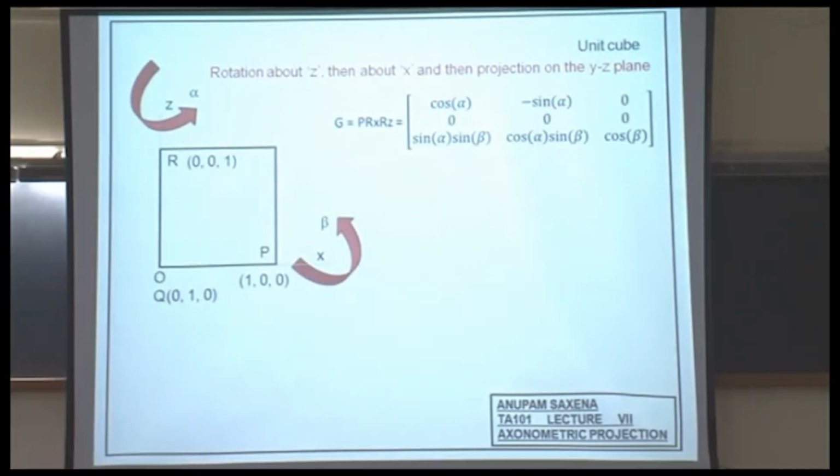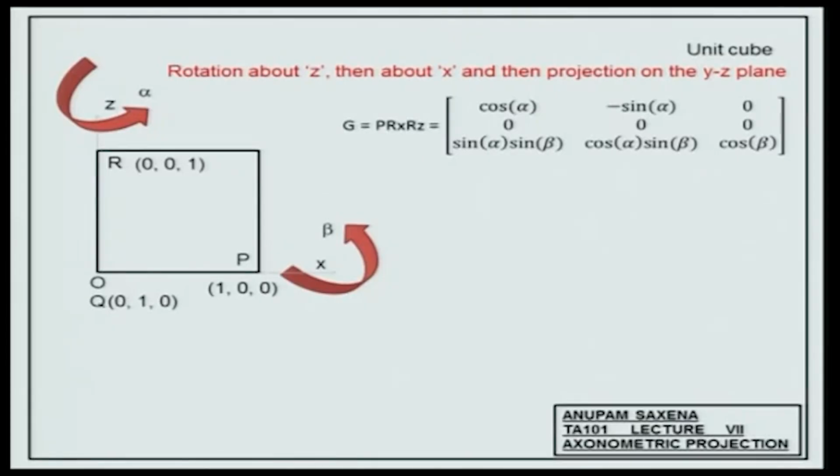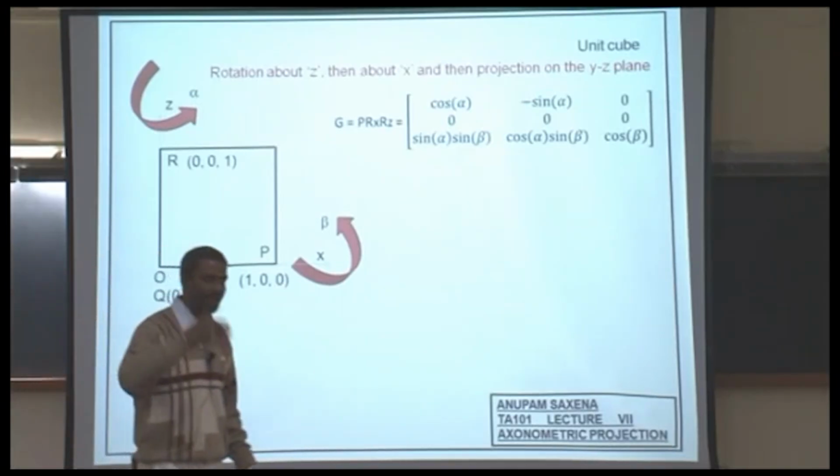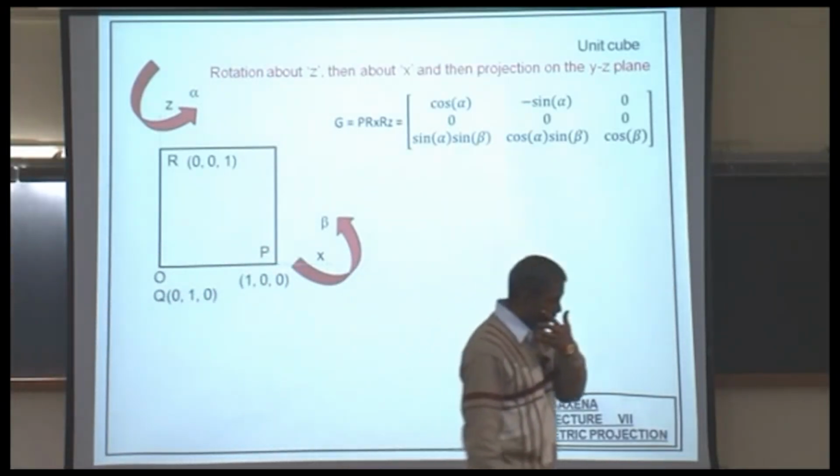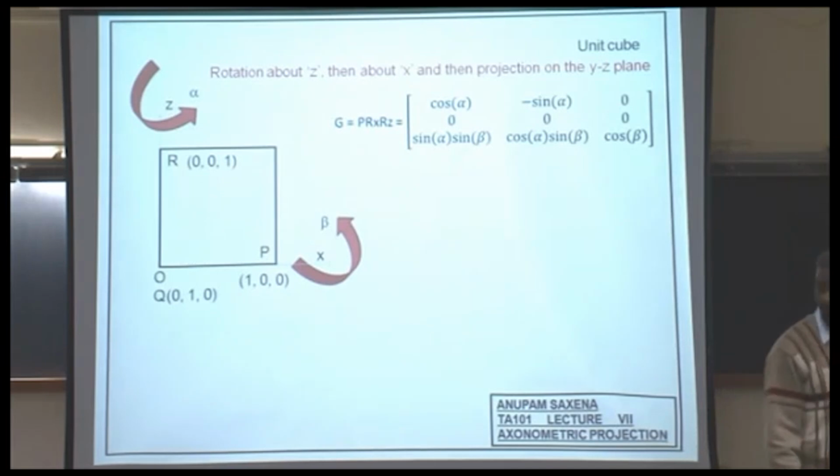Top row cosine of alpha, minus sine of alpha, 0, middle row 0, 0, 0, which explains that you have actually gotten the image of the object on the xz plane, and therefore all the y coordinates are 0. And the third row, sine of alpha sine of beta, cosine of alpha sine of beta, and cosine of beta.